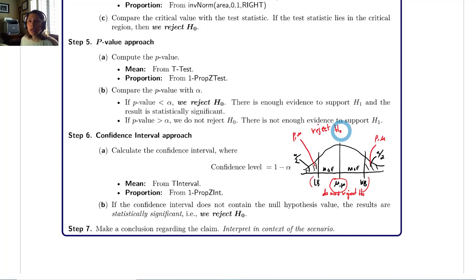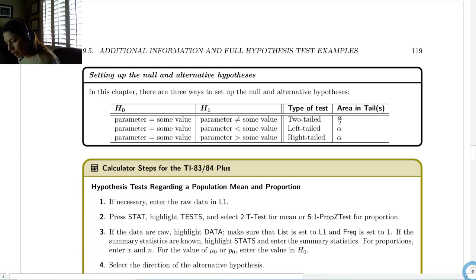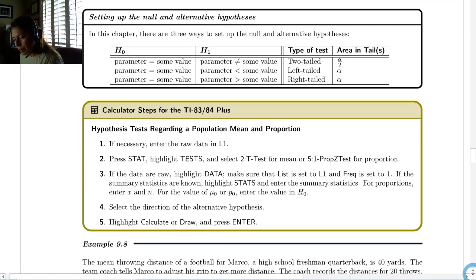I'll show all 3 methods in the last example so you have an idea, but from then on we'll just use p-value. Okay, so let's try an example. Just before we start example 9.8, here's a copy and paste of the tails.